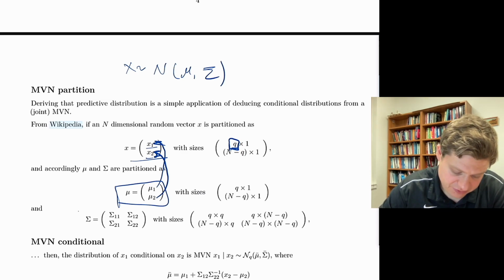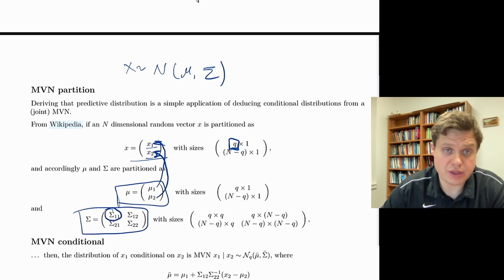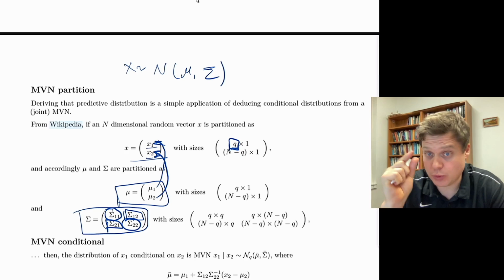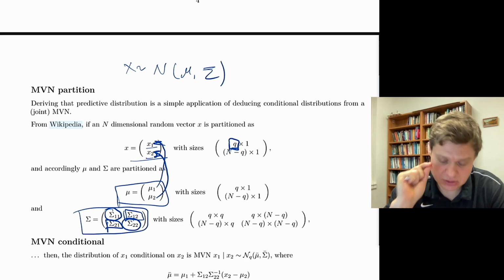In the same fashion, we're going to split the covariance matrix. That's the covariance within x1, this is the covariance within x2, and then you have sigma 2,1 and sigma 1,2, which give us the covariance between elements of x1 and x2.